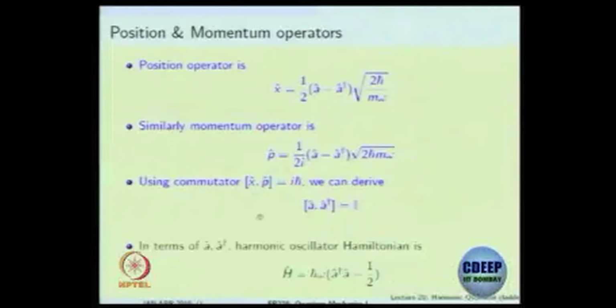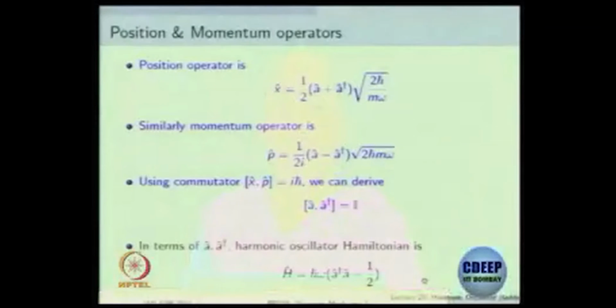The commutator is non-zero. So you can use this commutator to write A A dagger as A dagger A plus 1. You can use that. Okay. So do that and check out whether you get the Hamiltonian to be A dagger A plus half.